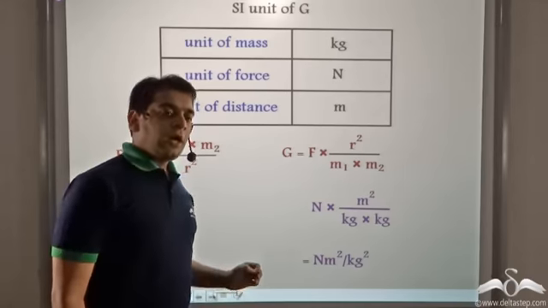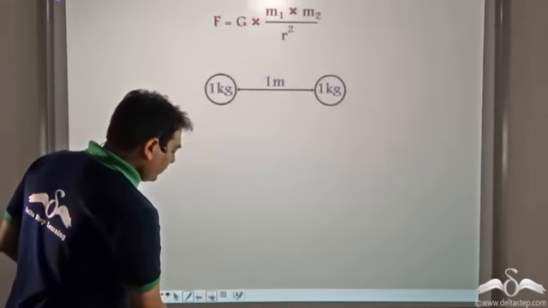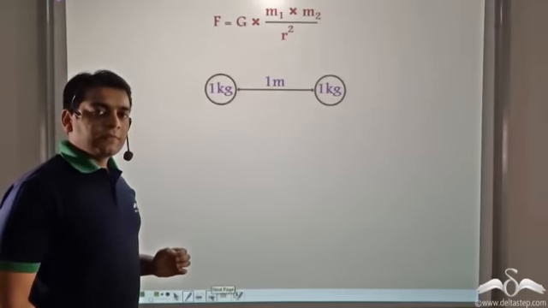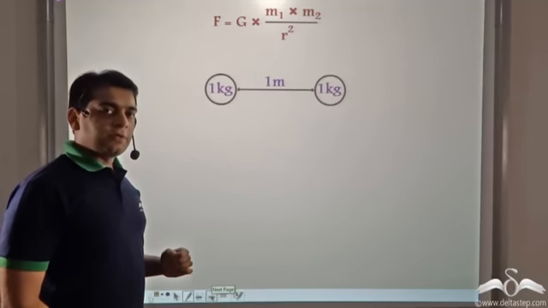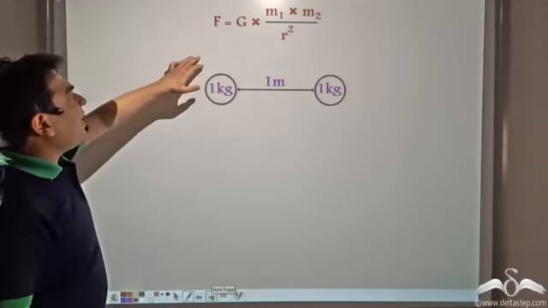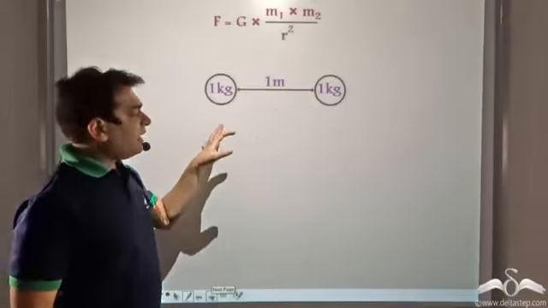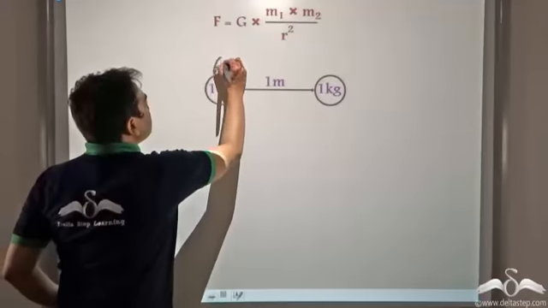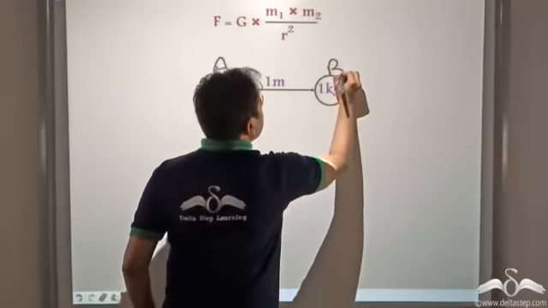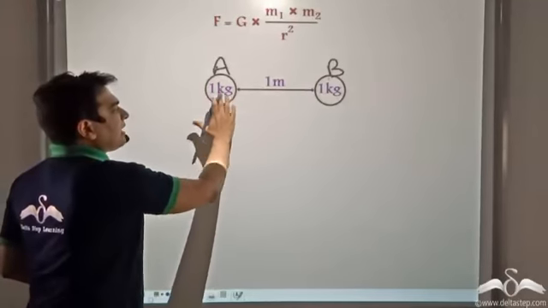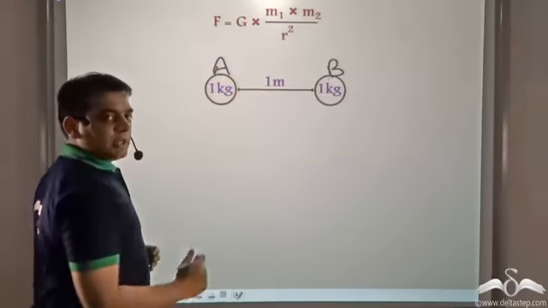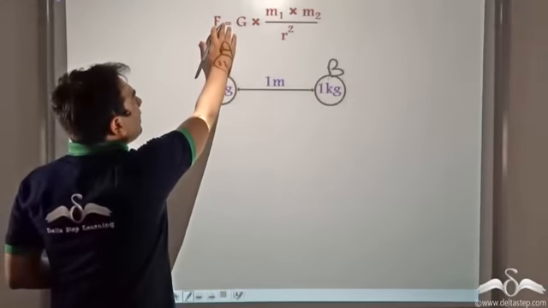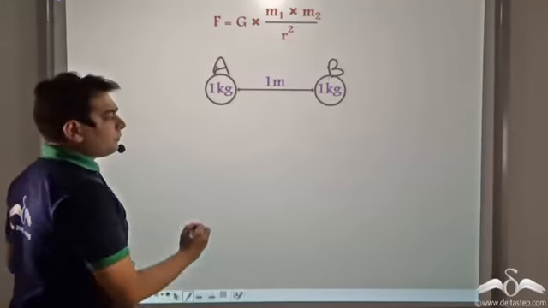Now, what is the value of this G? That is, what is the value of this universal gravitational constant? If we have two objects, A and B, of masses 1 kg each, and if they are placed at a unit distance, that is 1 meter apart from each other, then what would be the value of F?